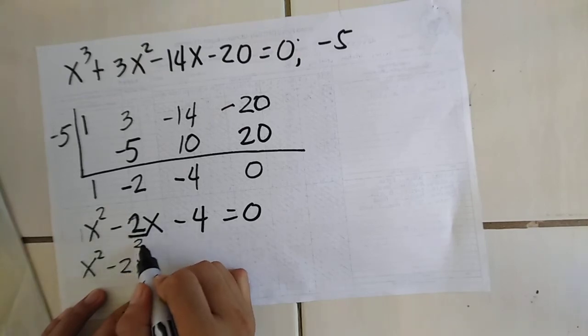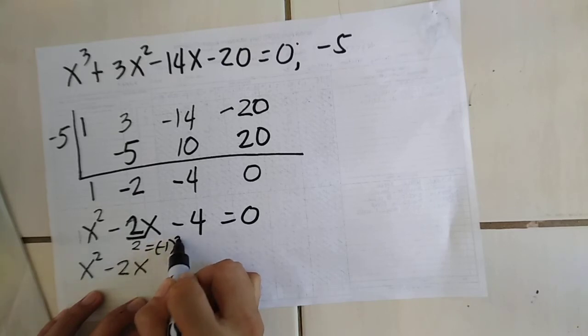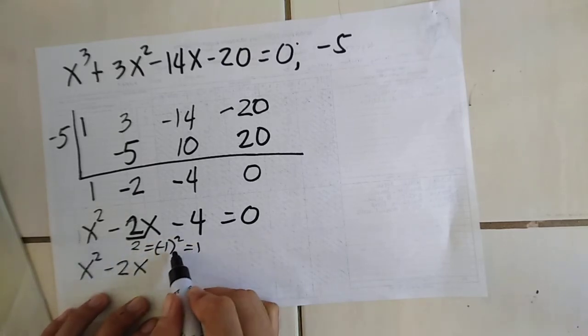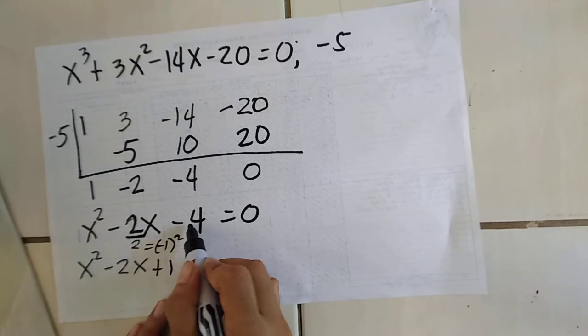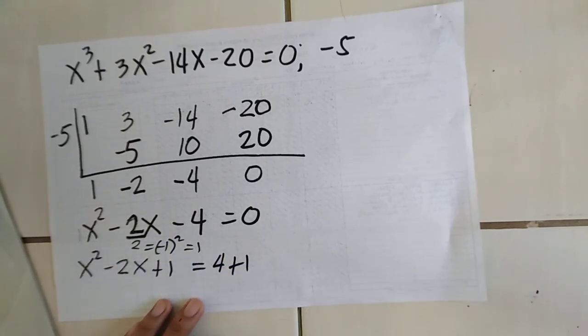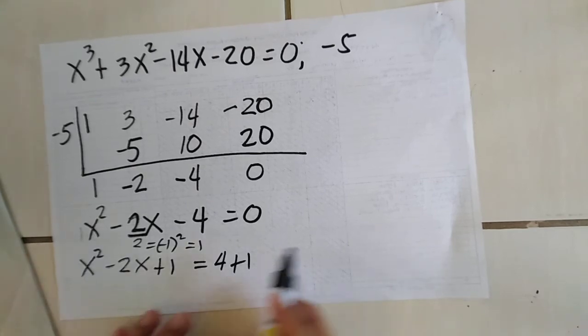Negative 2 divided by 2 equals negative 1. Then square it, so that equals 1. Then add it to both sides. We add 1 here and transpose negative 4, which becomes positive 4. So x squared minus 2x plus 1 equals 4 plus 1.